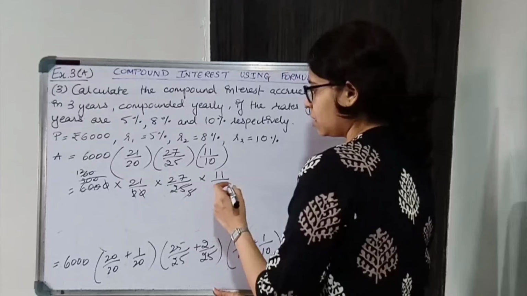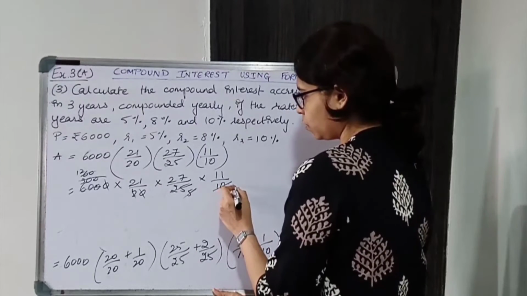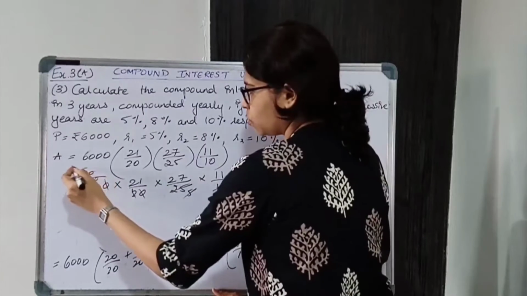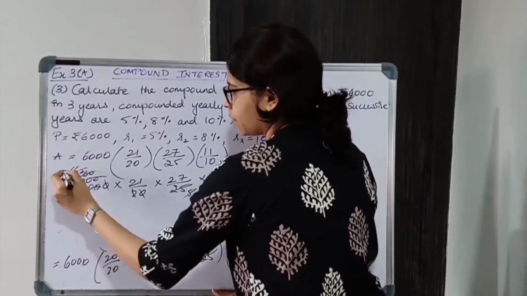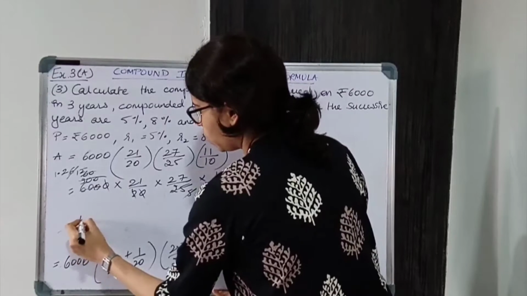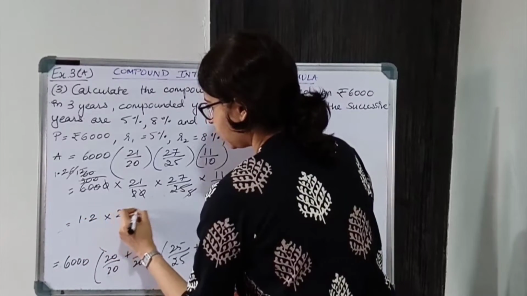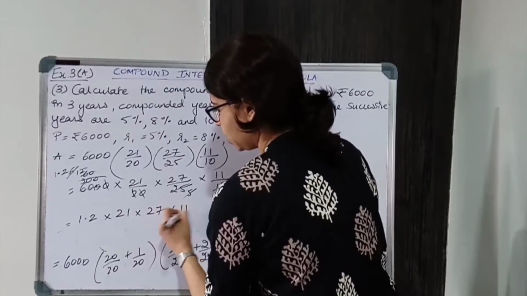All right, now 2 5s are, 2 6s are, 5 1s are, 0.2. So 1.2 into 21 into 27 into 11.